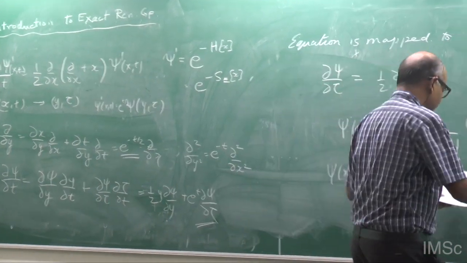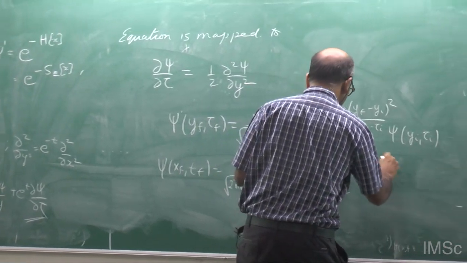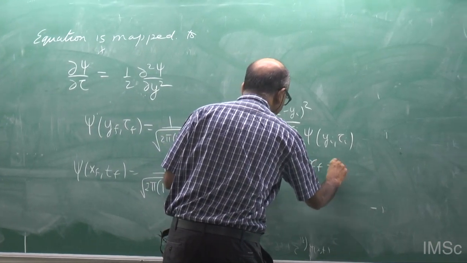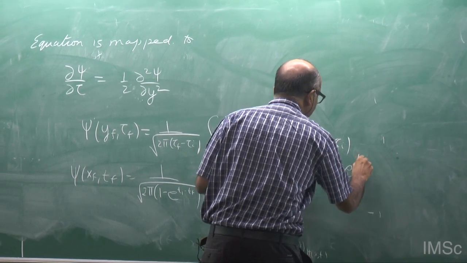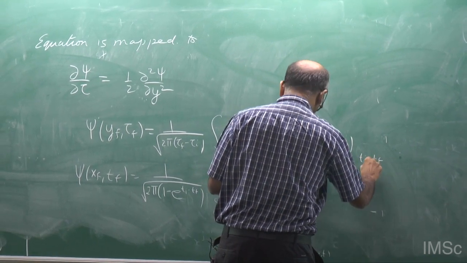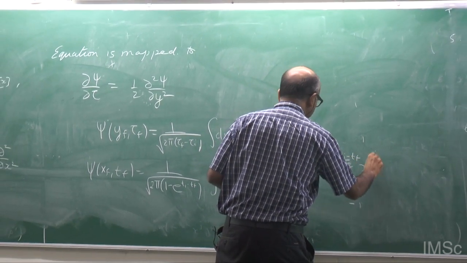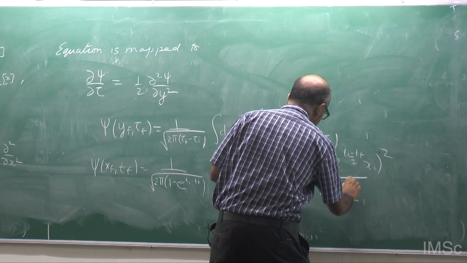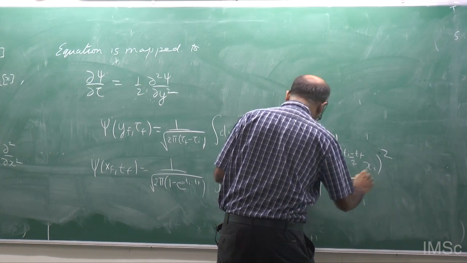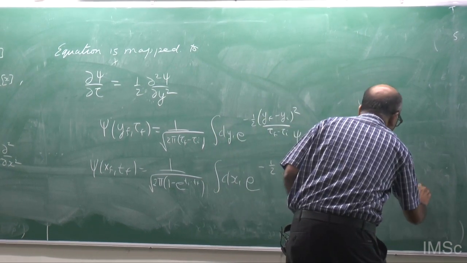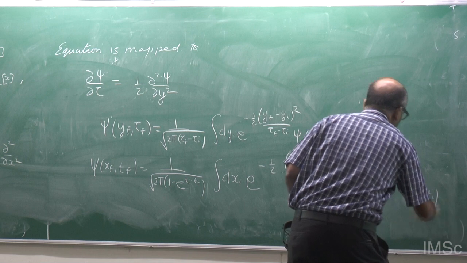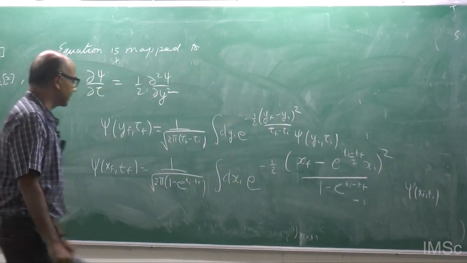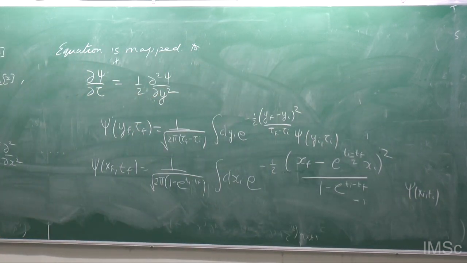So the solution is like this, half x f minus... so this is the solution of this equation. And now you'll see that it has an interesting property.